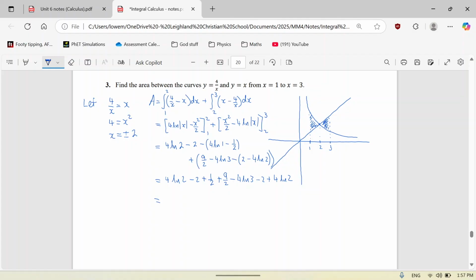We've got 4 log 2 there plus 4 log 2, so that's 8 log 2 minus 4 log 3, and then here we have 1 half plus 9 over 2, that's 10 over 2, which is 5. 5 minus 2 is 3, minus 2 is 1, so that's plus 1 units squared. And that's that question.